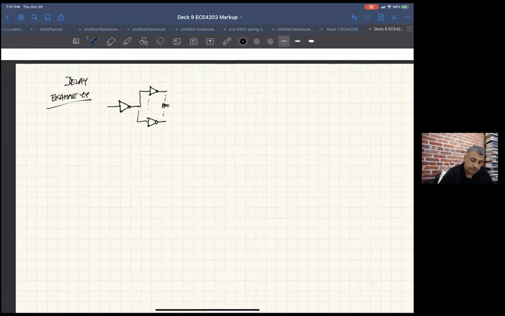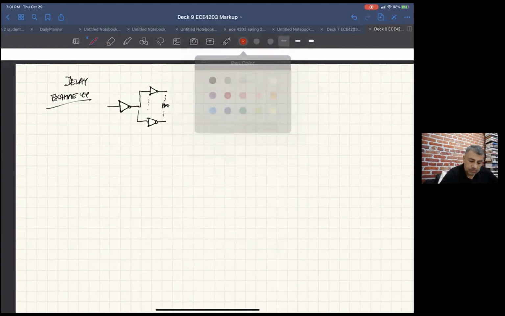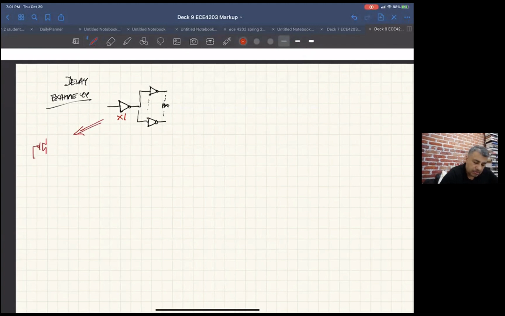By the way, you'll see this in circuit descriptions at the gate level. I'm going to say a times one inverter is equivalent to your basic, smallest inverter you can have.